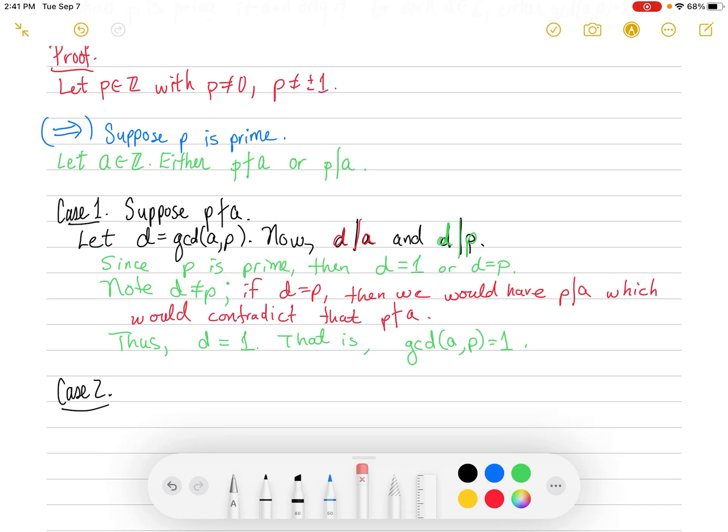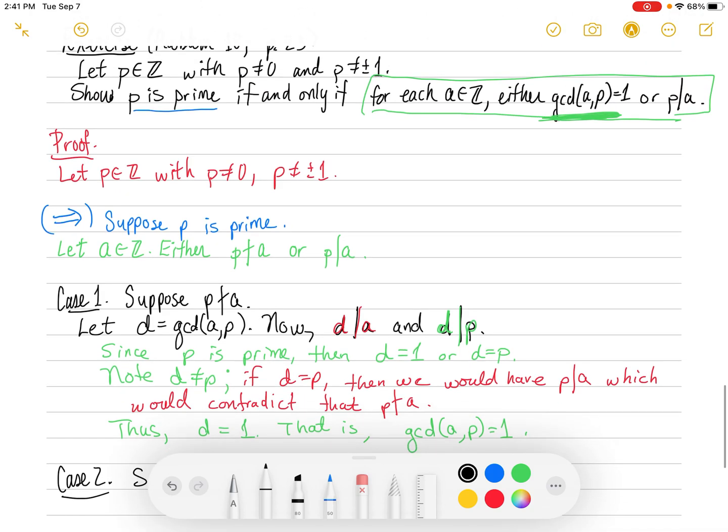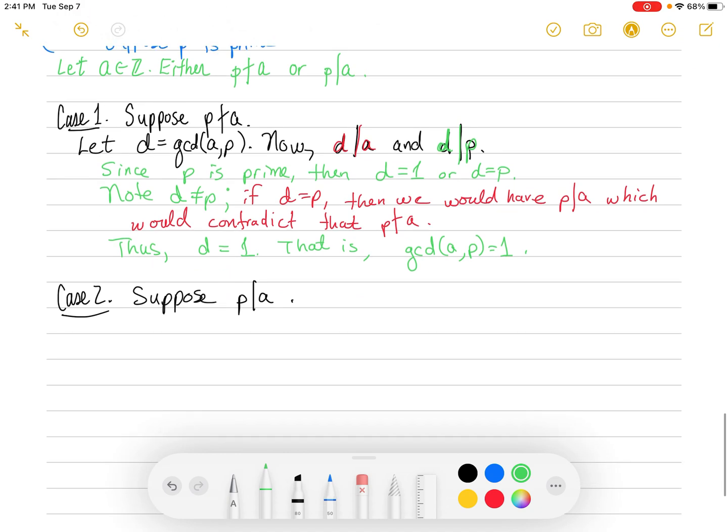Okay, suppose p divides a. Well, isn't that exactly what we want to show for the second part of the OR? The second thing is p divides a, so we're done. Then there is nothing to show.